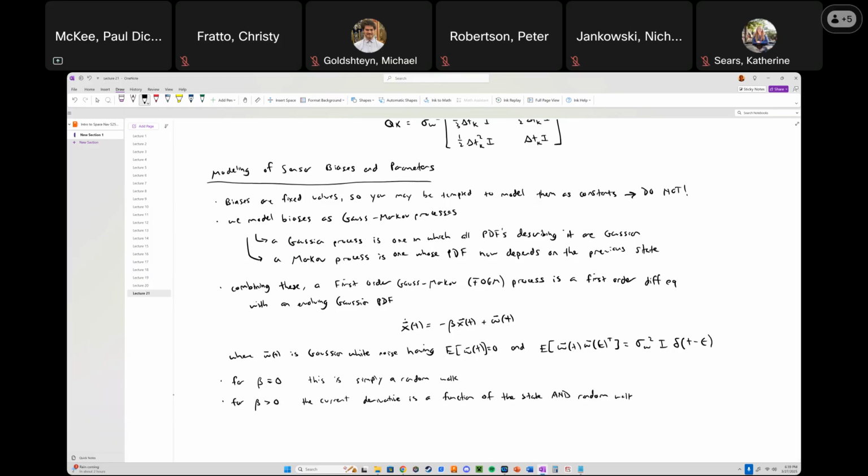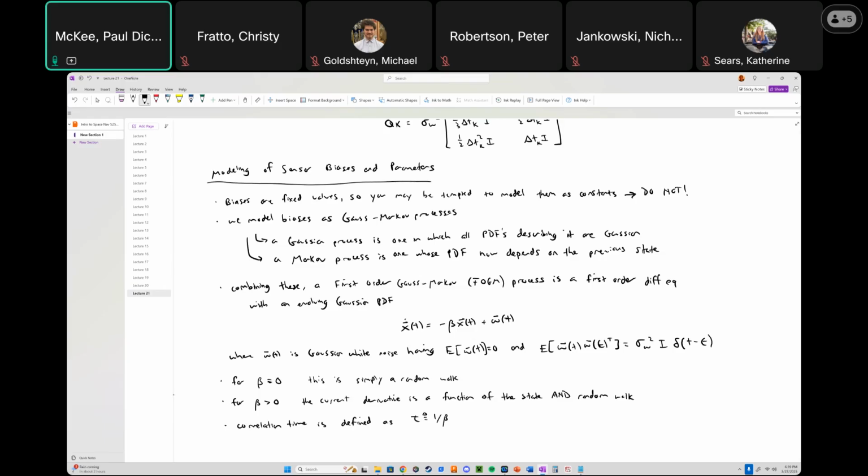So there's still going to be some random kind of wonkiness to it. Correlation time is defined as tau equal to 1 over beta.